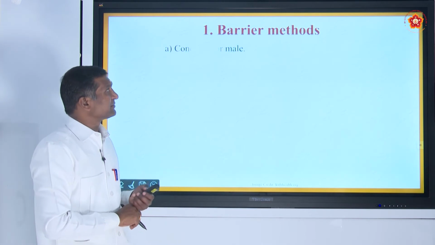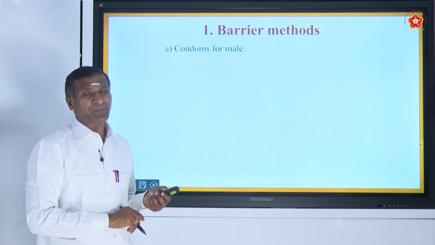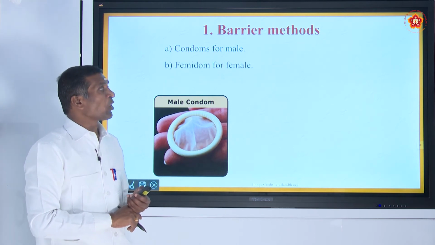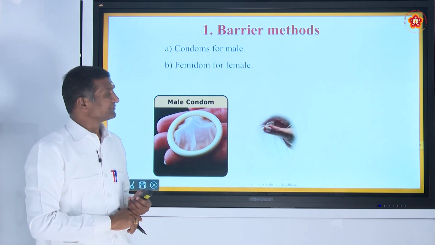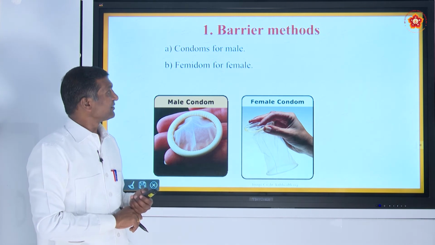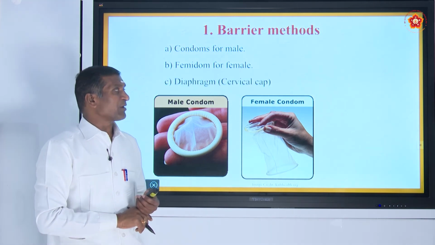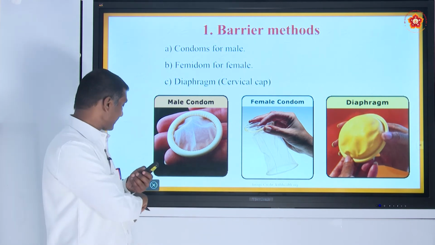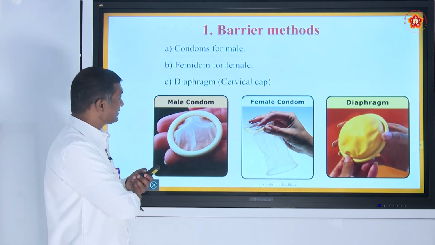Barrier methods: condoms for males, femidom for females, diaphragm or cervical cap in females.